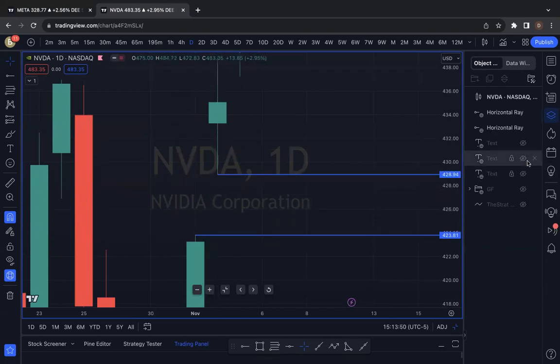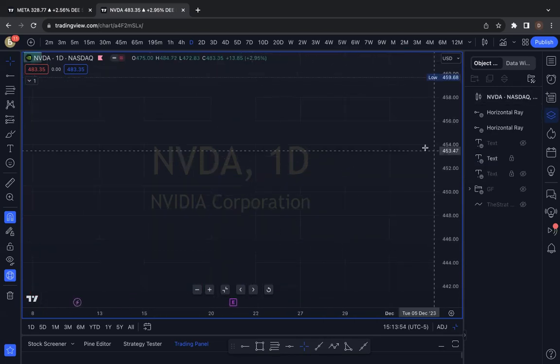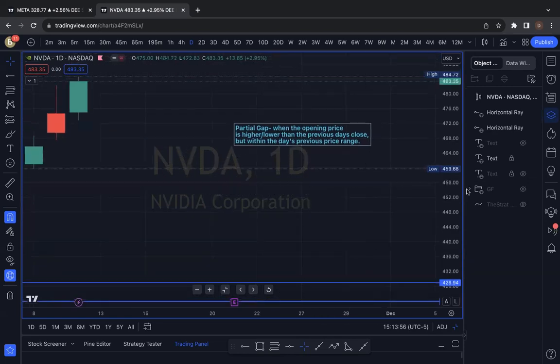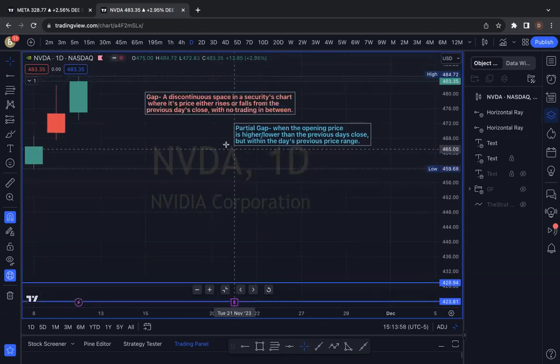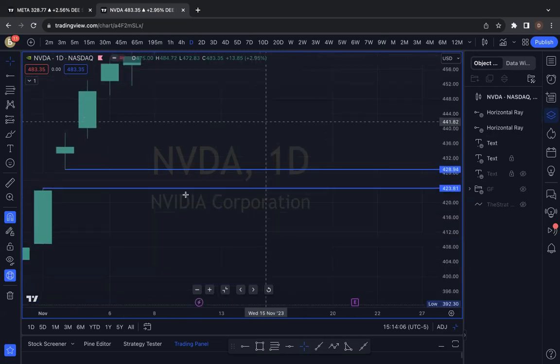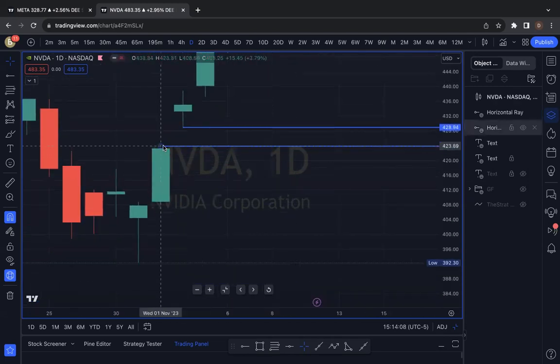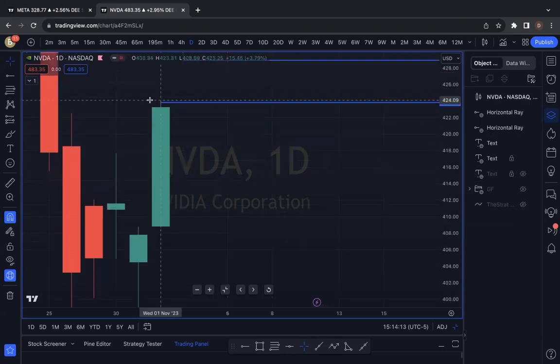But if we look at the definition of a gap, it rises or falls from the previous day's close, right? That's very important. So if we're talking about the close, did price close up here at this wick? No, it did not.